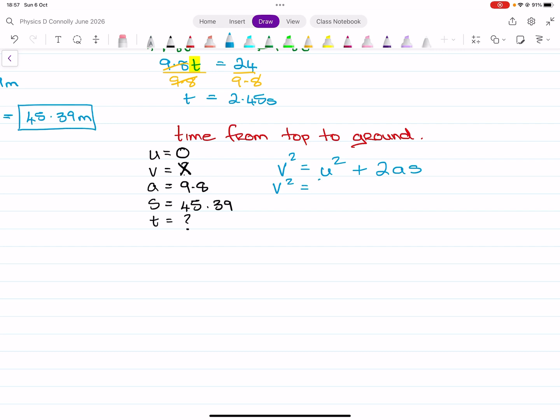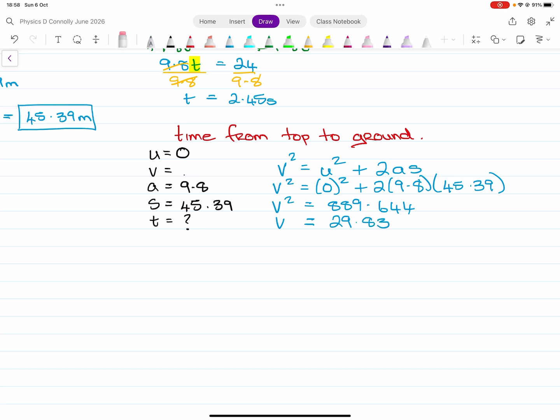So V squared equals 0 squared plus 2 by 9.8 by 45.39. So V squared is 889. So then square root to get 29.83.